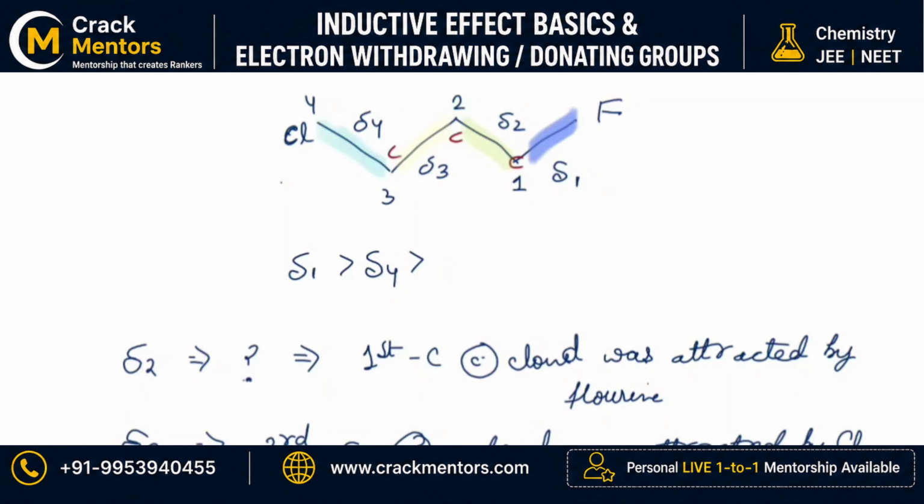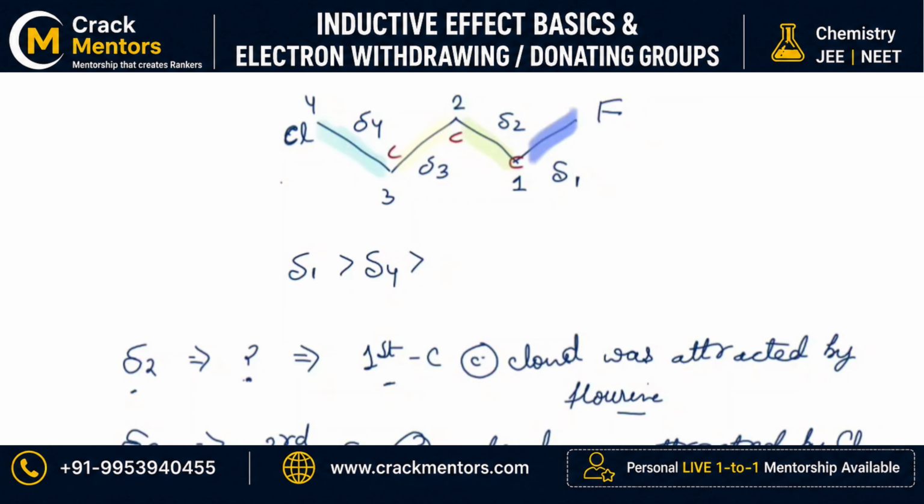Now you tell me that for the first carbon, the electron cloud will be shifted towards fluorine because it has more electronegativity than chlorine. Okay. So first carbon will be more, apparently I am talking these things, because complete electron transfer is not happening.